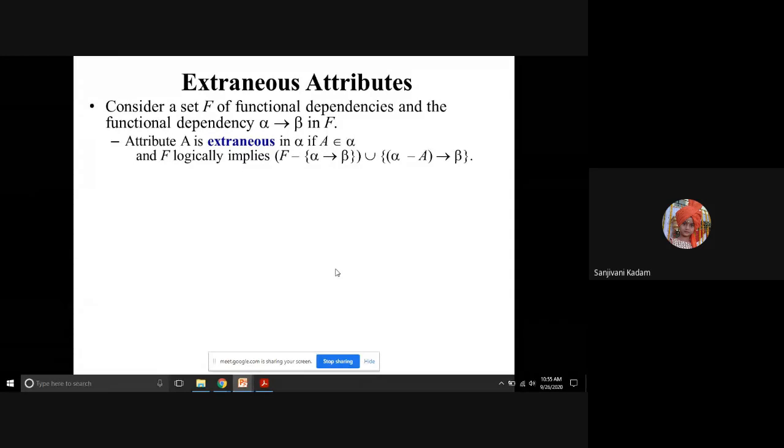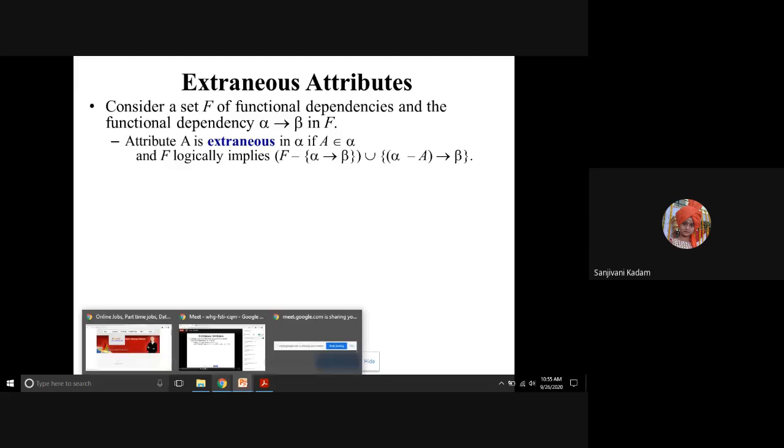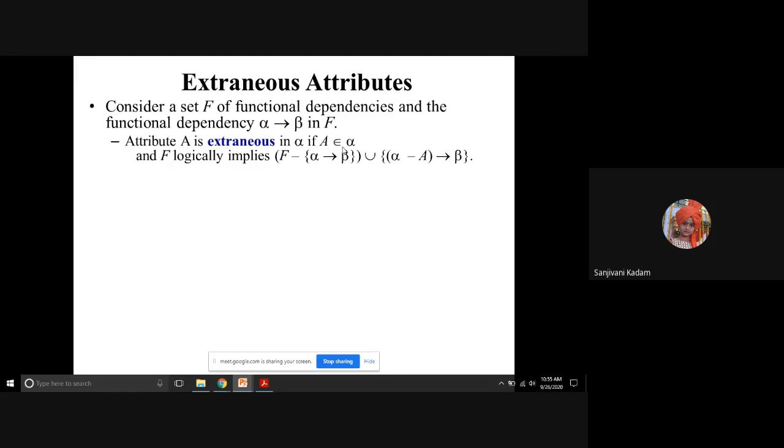Consider a set F of functional dependencies, and the functional dependency alpha gives beta in F. The attribute A is an extraneous attribute in alpha if A belongs to alpha, and F logically implies F minus the functional dependency alpha gives beta, union the functional dependency alpha minus A gives beta.